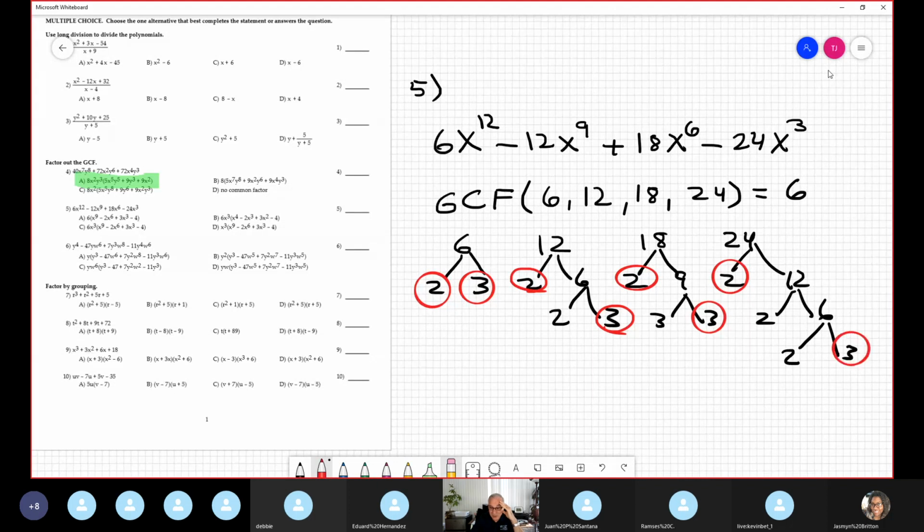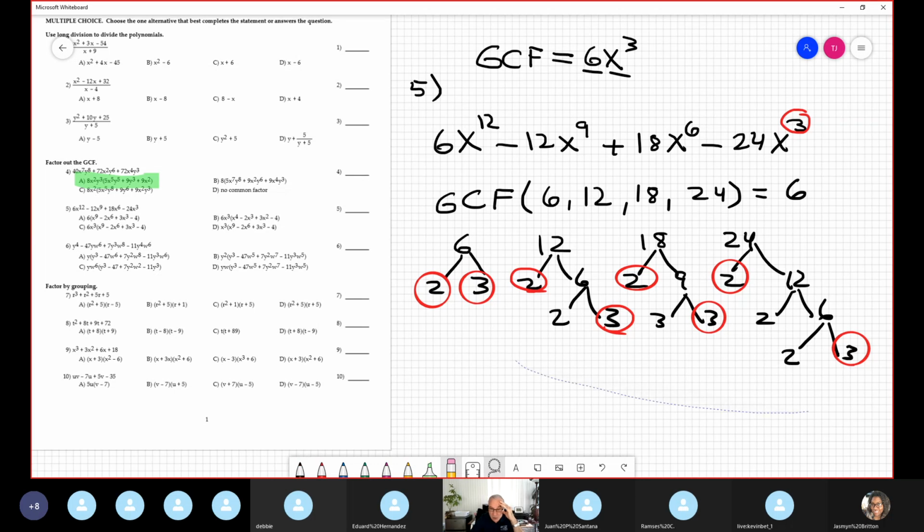And that's it. Because 6 is finished, I take every factor of 6. The conclusion is okay. 6 is the greatest common factor in the numerical part. And the variable part is super easy because I explained before, you take the smaller exponent, and the smaller exponent is x to the 3rd power. Therefore, the greatest common factor in this example is, no parenthesis, 6x cubed. Numerical and variable part.